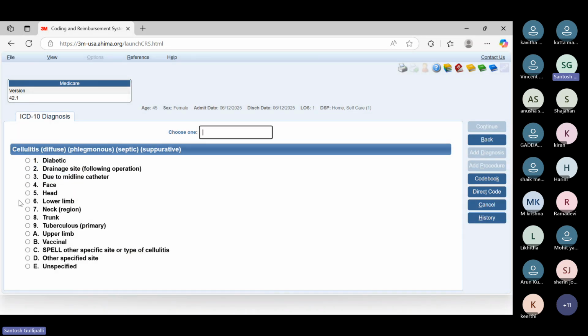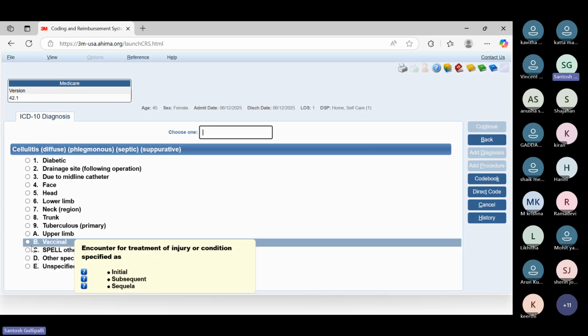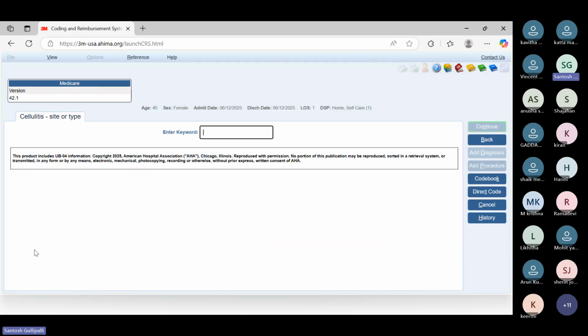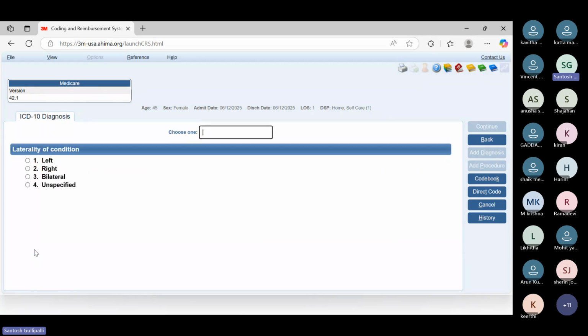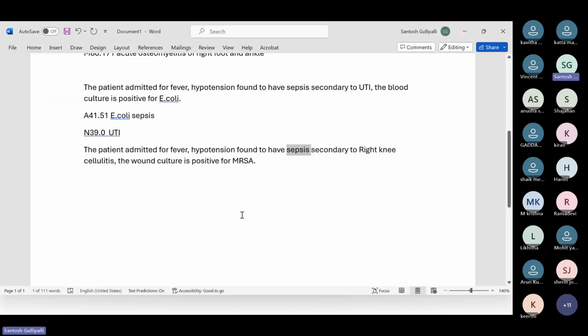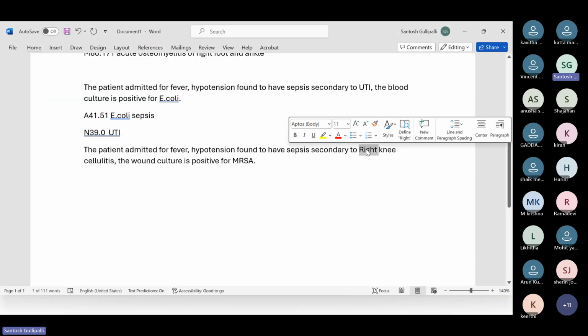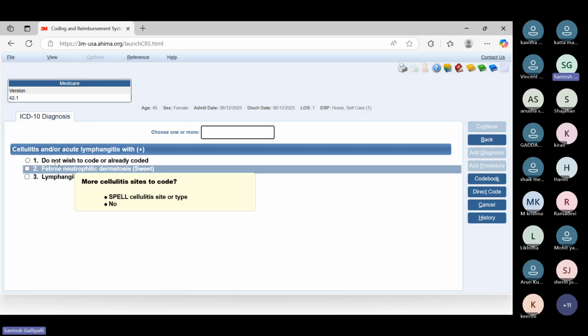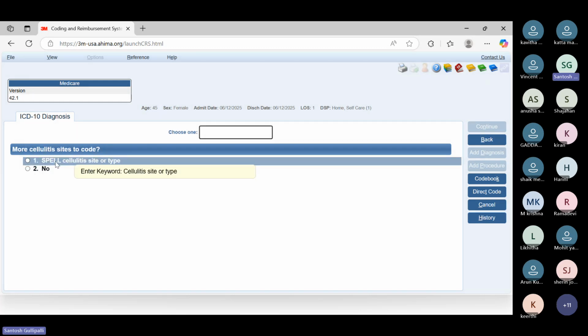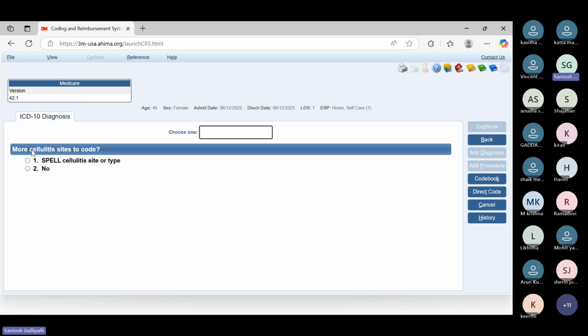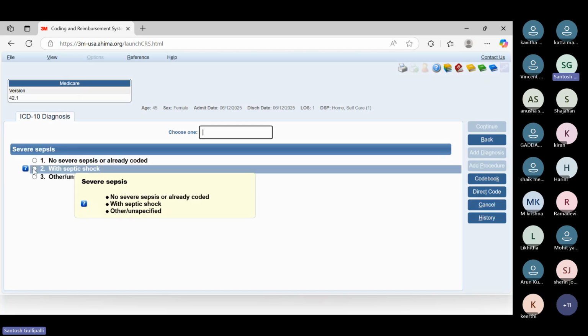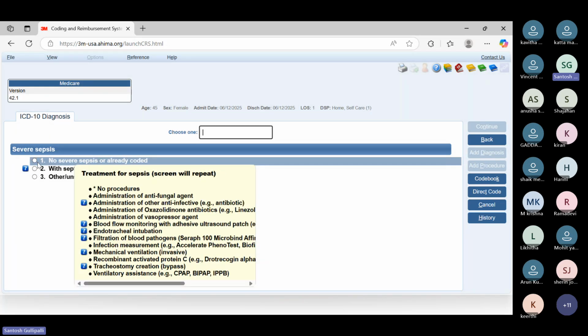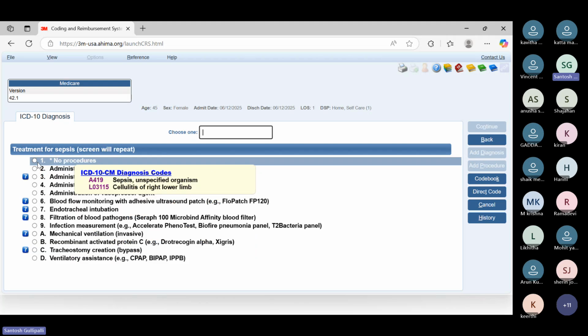The cellulitis site is other specified site, knee area, so the option 1. Right knee or left knee? Right knee, so select option 2. Next, no additional cellulitis site to code.